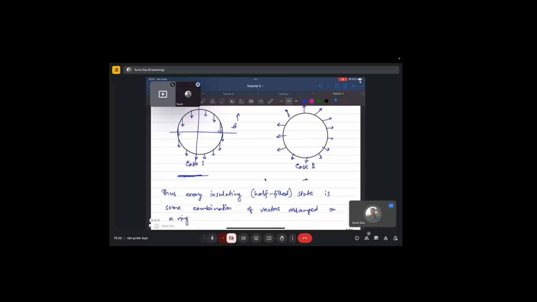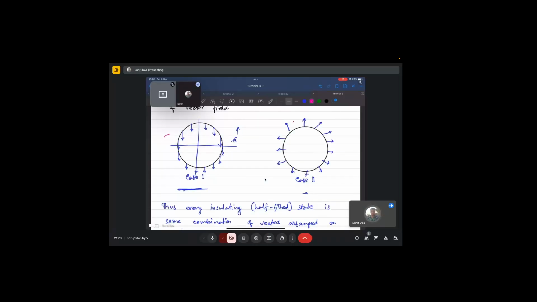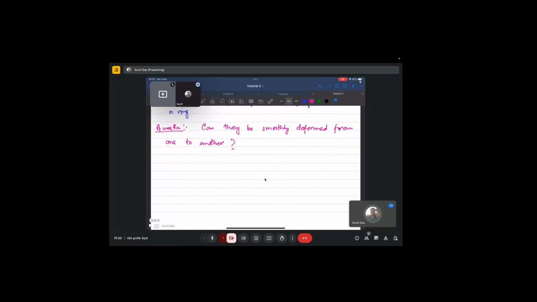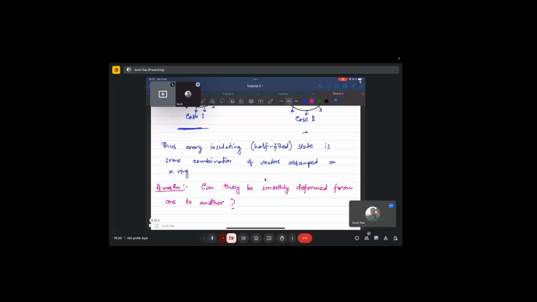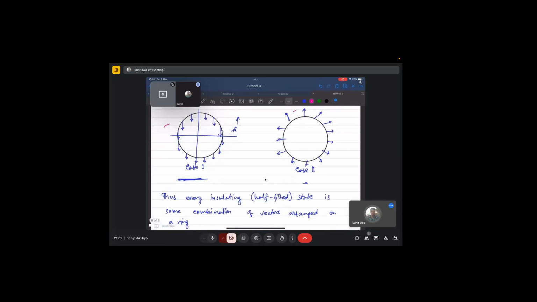I have two vector fields, one is this one and the second one is this one. Can I smoothly vary or change the vector field so that I can go from case 1 to case 2 or vice versa? Is it possible? So, the question essentially becomes, can I rearrange the vectors of type 1 so that I go to type 2, or case 2?